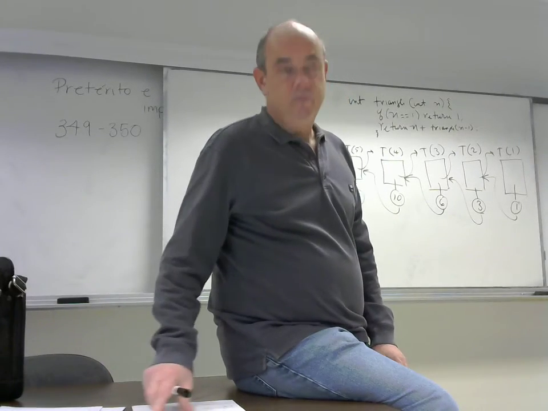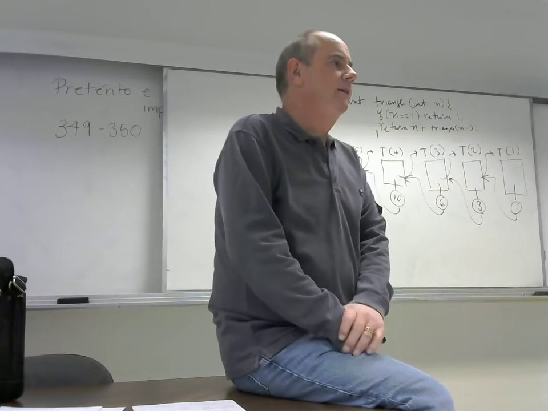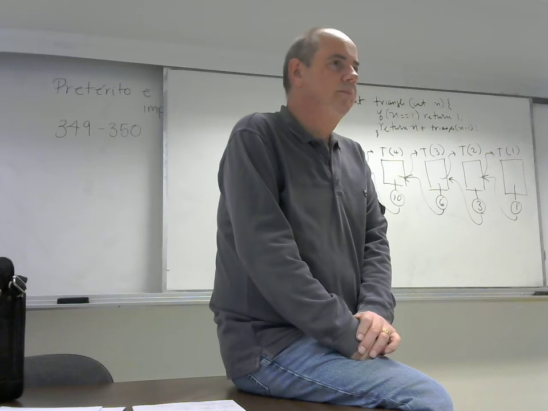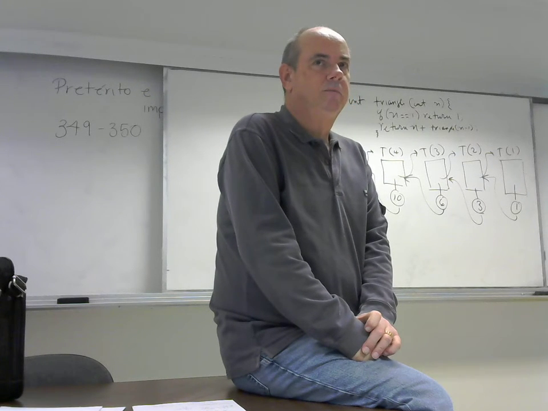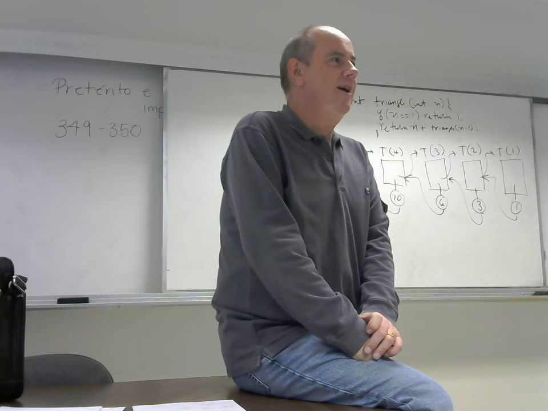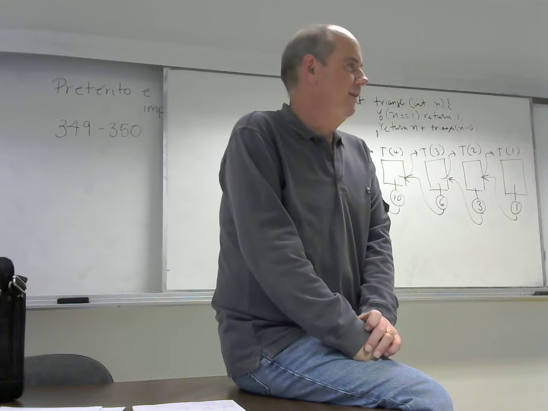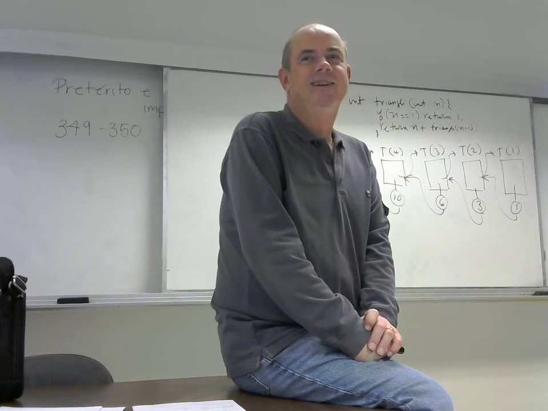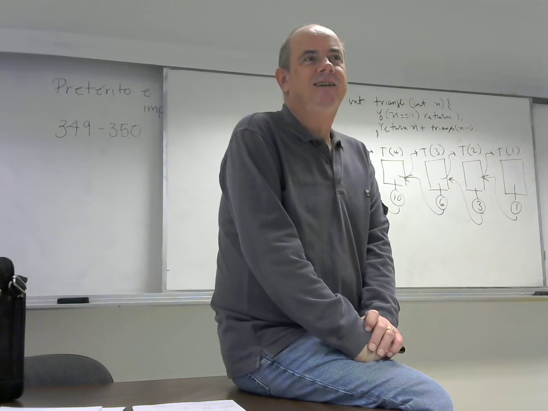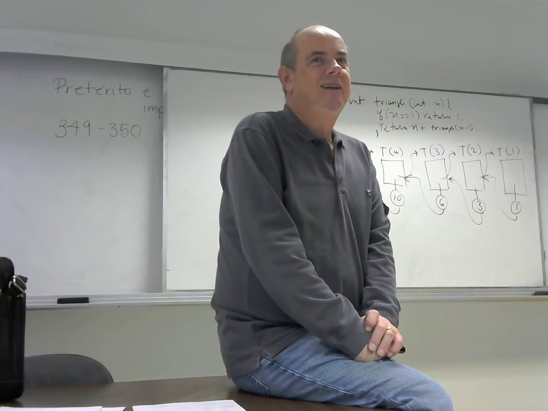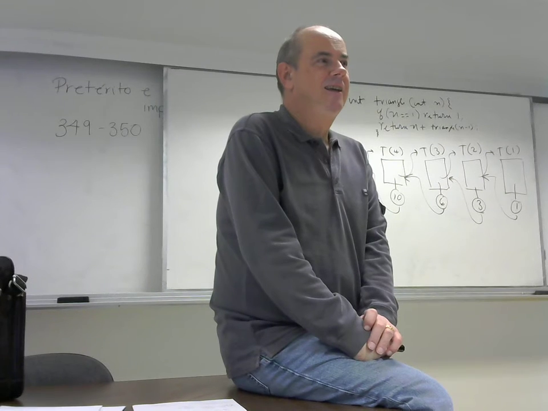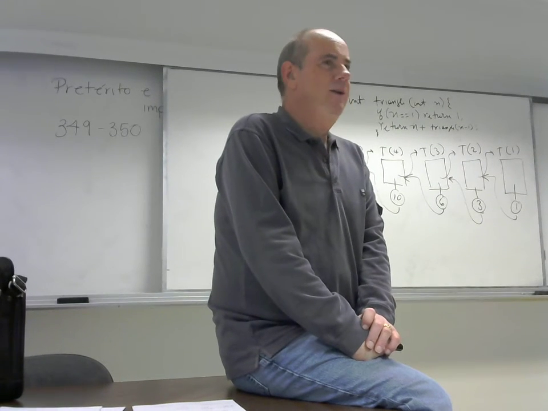So, what's loop unrolling? I can see it on the final now. Describe loop unrolling. What is loop unrolling?